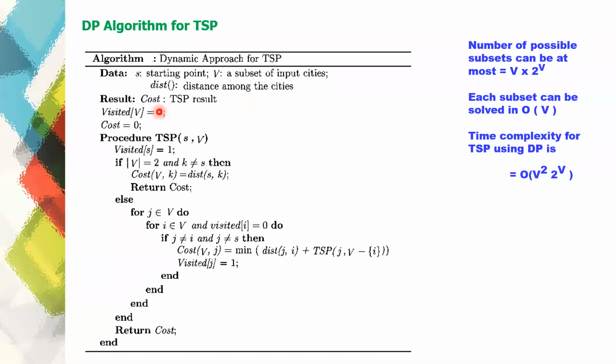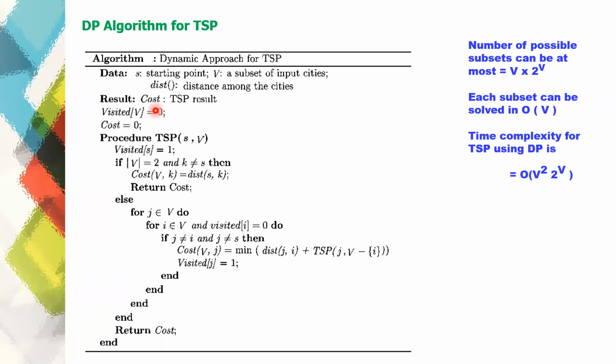The output of this algorithm will be the cost of the shortest route. Now, as I said, every city has to be visited only once. So you have to keep a flag for each city, whether it is visited or not, so that you can make sure that every city is visited only once.